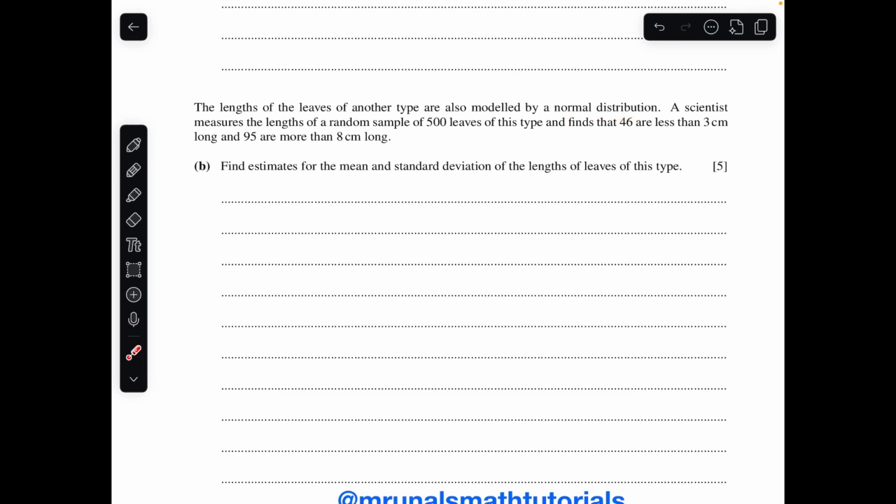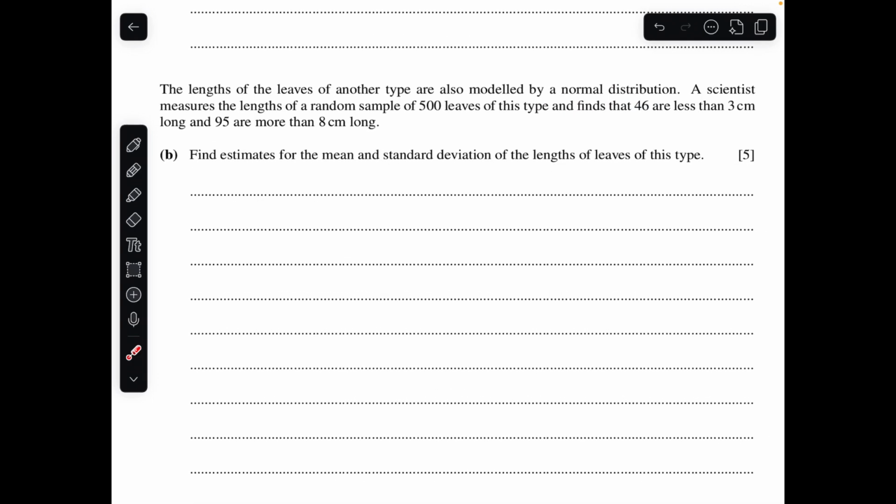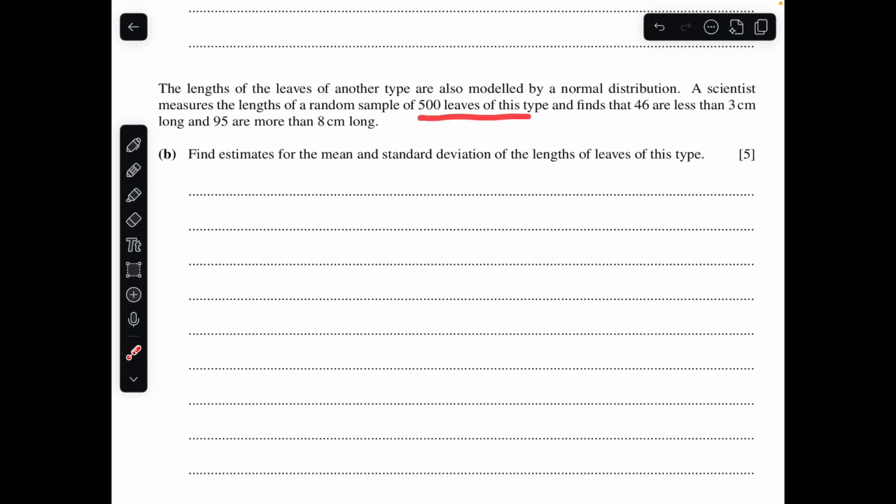Part B. The lengths of the leaves of another type are also modeled by a normal distribution. A scientist measures the lengths of a random sample of 500 leaves of this type and he finds out that 46 are less than 3 centimeters long and 95 are more than 8 centimeters long. So we know that the probability of the length of the leaves being less than 3 centimeters is 46 out of 500, which works out to be 0.092.